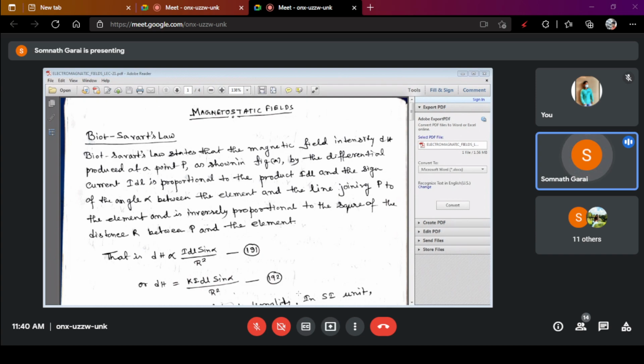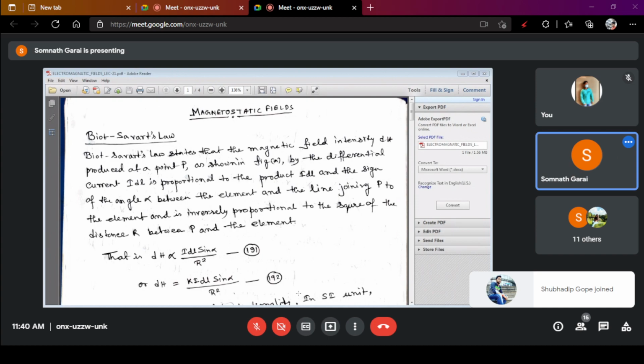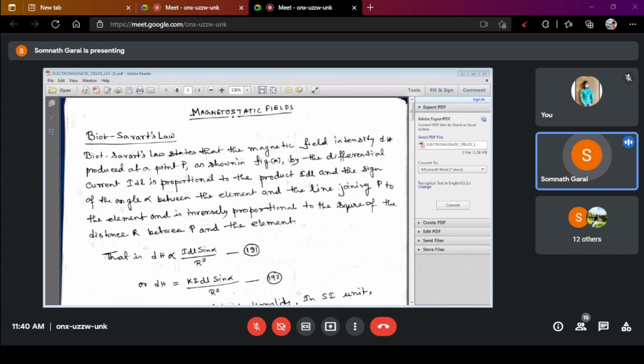Because if no current flows through the material, no electromagnetic field is produced. So the differential current that produces the magnetic field is represented by I dL, where dL is the differential length along the path and I is the amount of current.